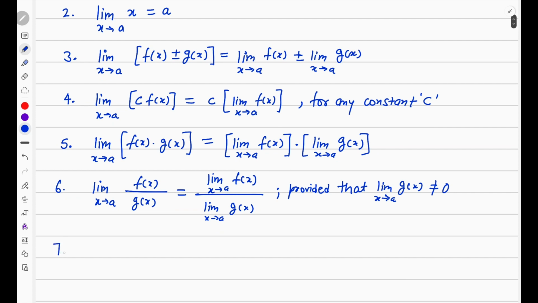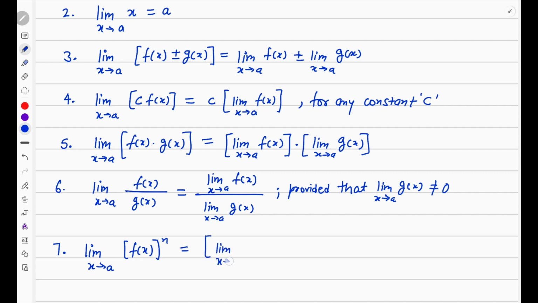The next property is the limit as x approaches a of f(x) to the power n. We can take the limit inside the power.